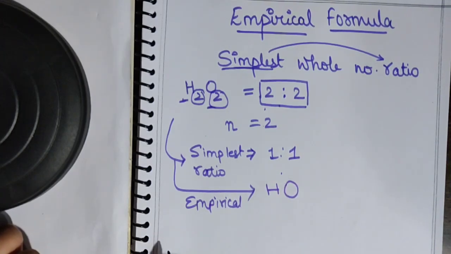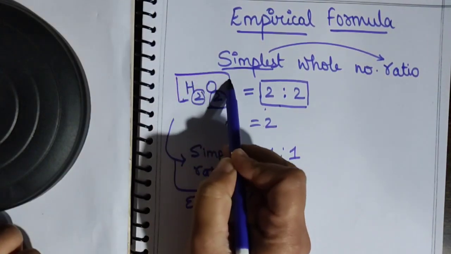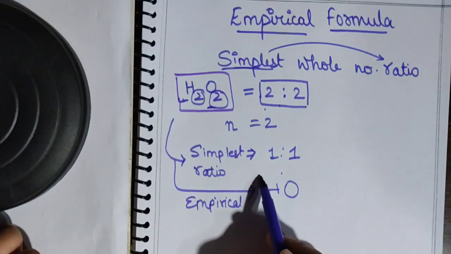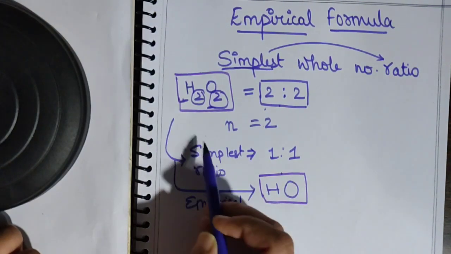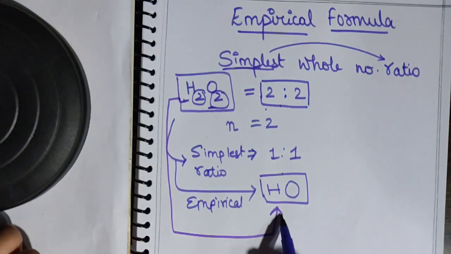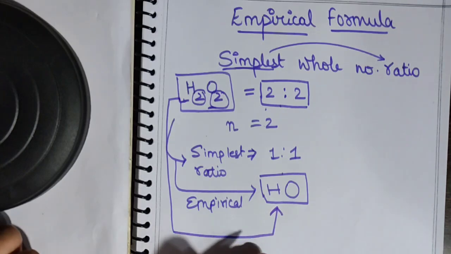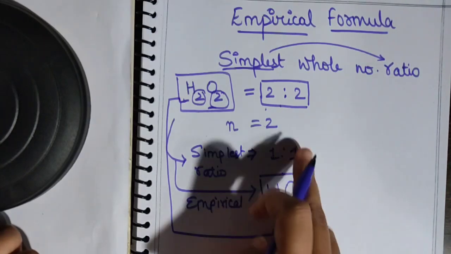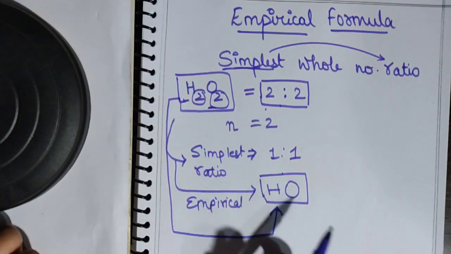Now, from seeing molecular formula and empirical formula, can't we say that the molecular formula is a multiple of the empirical formula HO by a factor 2, right?